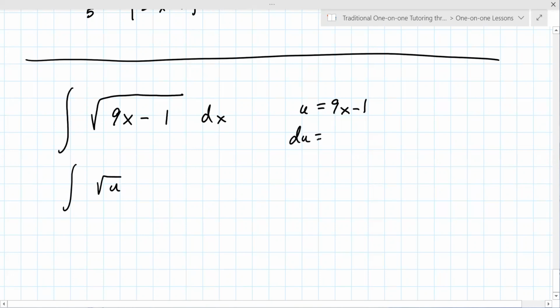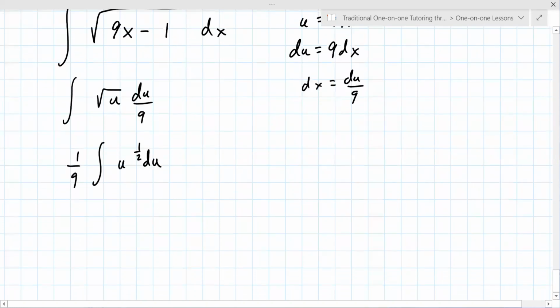And then what is du? It's 9 dx. Dx is du over 9. So if I rewrite it, it's 1/9 the integral of u to the 1/2 du.